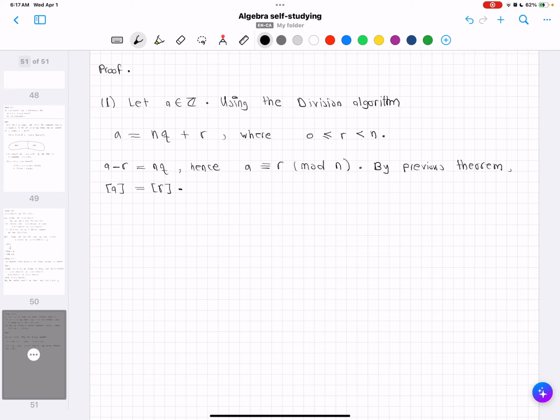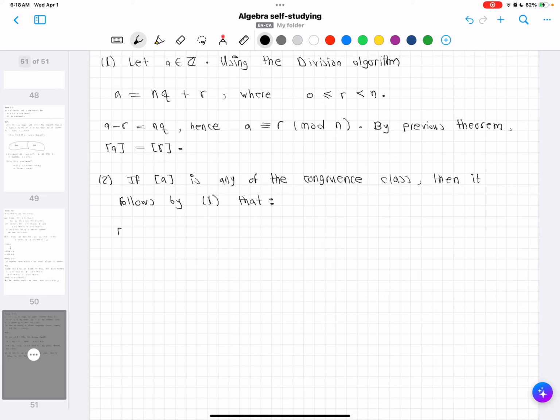All right, so now let's look at part 2. So, if a is any congruence class, then it follows by 1 that we have the following.